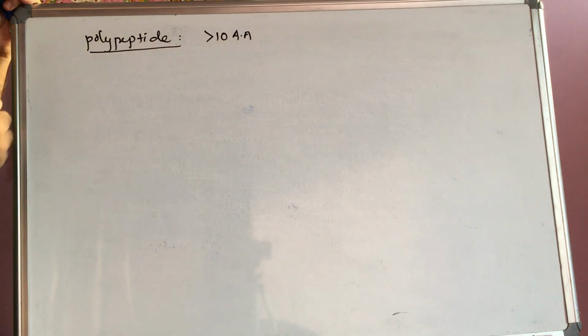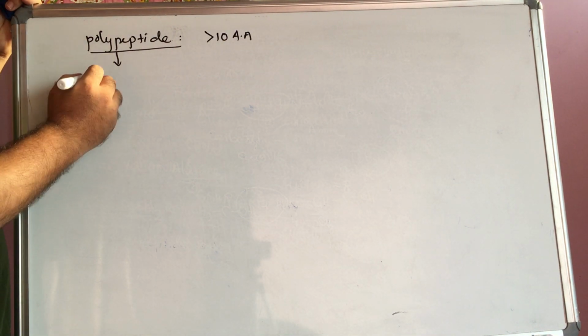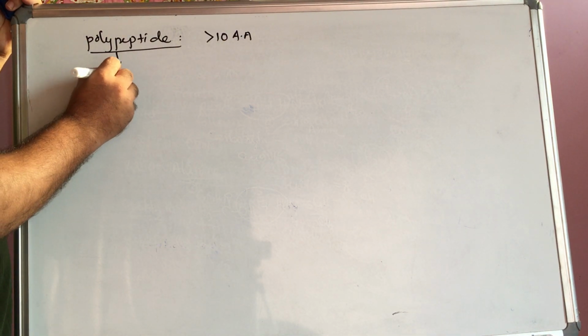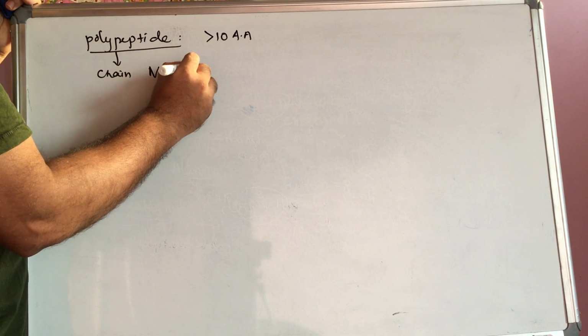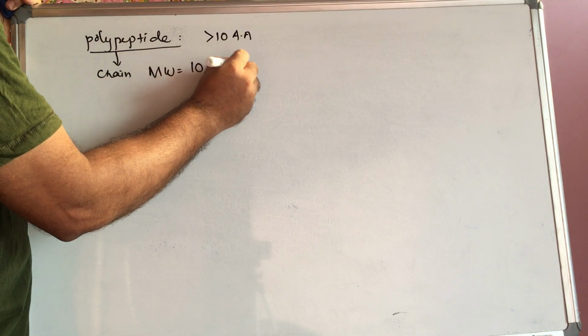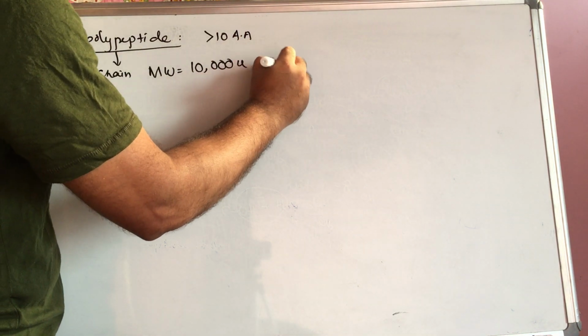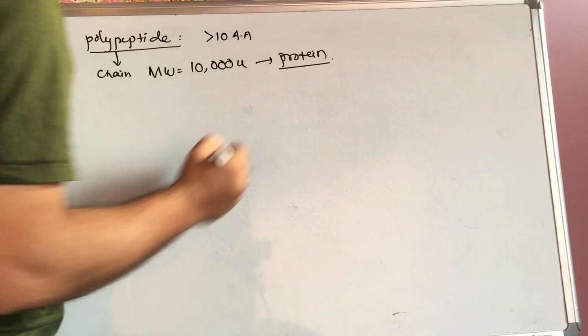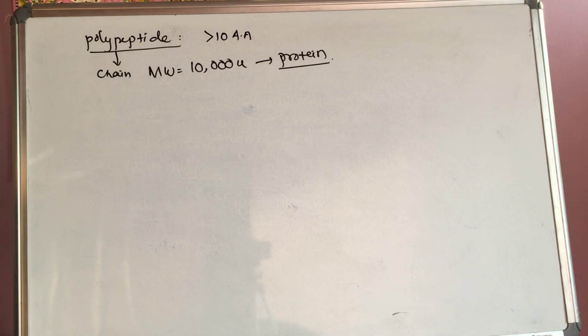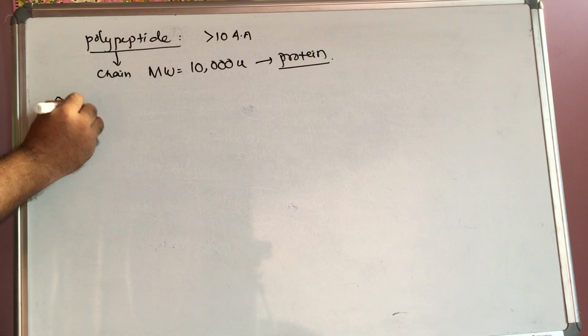If this polypeptide chain has molecular mass nearly 10,000 unified mass, that is called protein. But there is no sharp identification between polypeptide and protein, because one of the best examples is insulin.